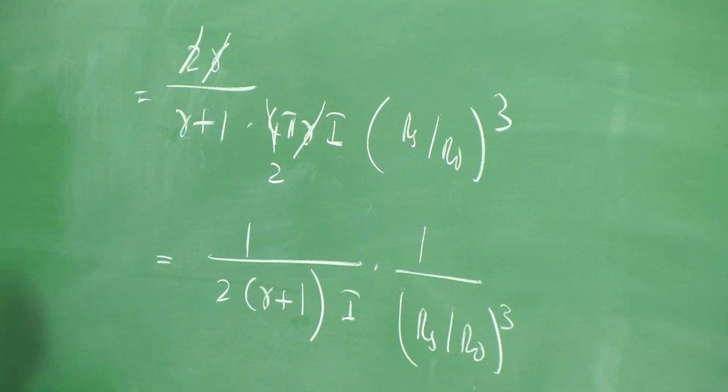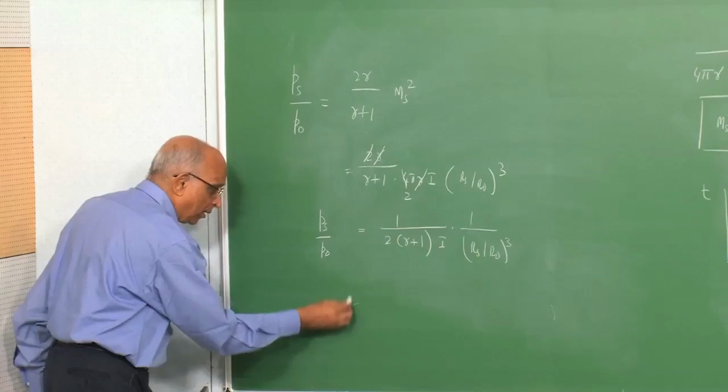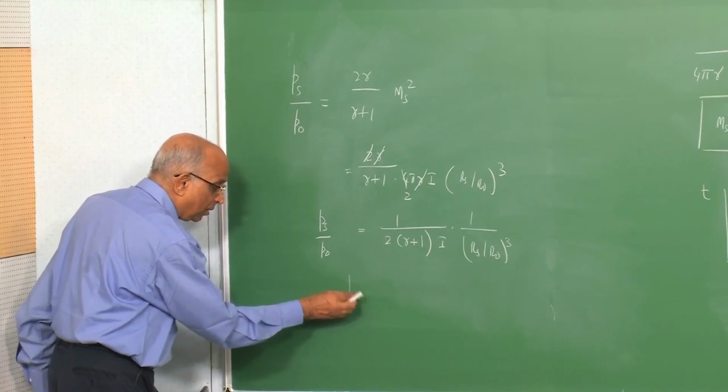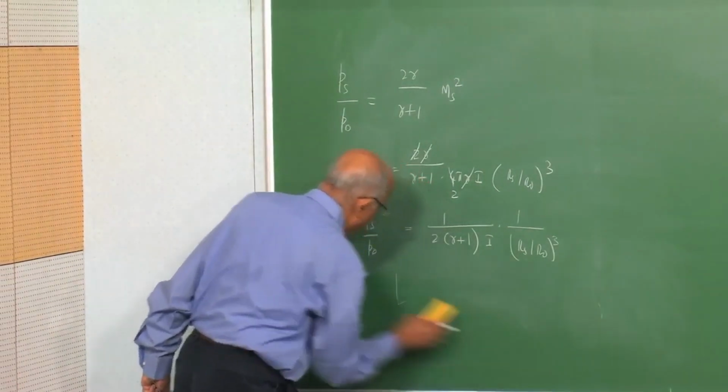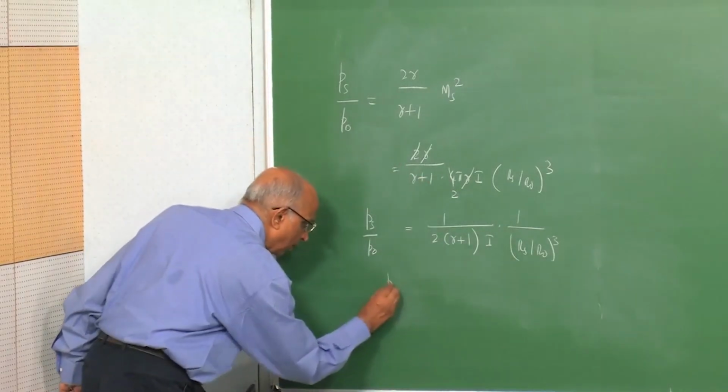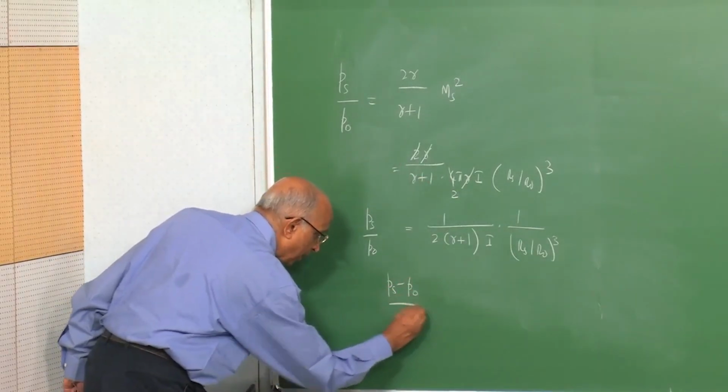In other words, I get the value of Ps by P naught, and what is the overpressure? Overpressure at the shock front is equal to the jump in pressure minus the ambient pressure. Therefore, the dimensionless overpressure is equal to Ps minus P naught divided by P naught.